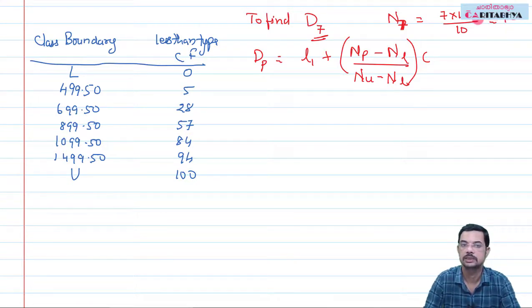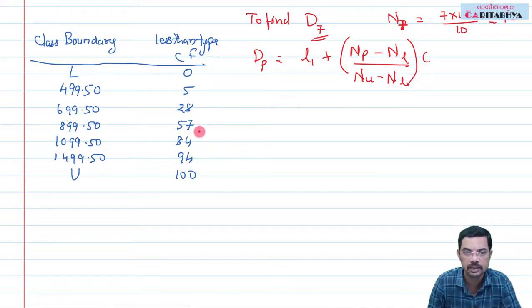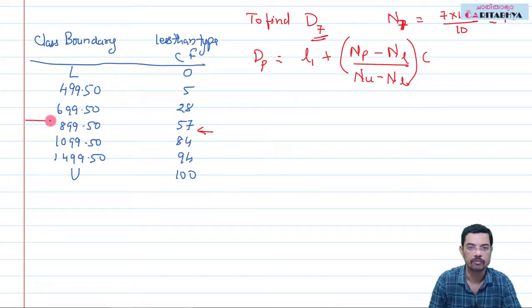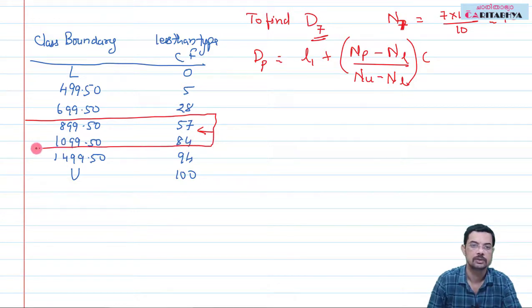Now let us observe where 70 lies. 70 lies here in the cumulative frequency section between 57 and 84. So we again focus on this region. In the same way as the median class, we find the seventh decile class as 899.50 to 1099.50.